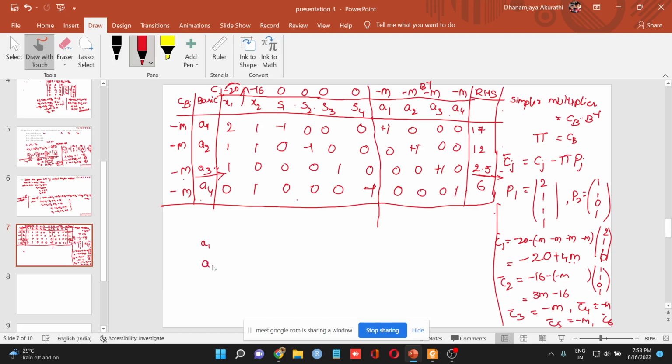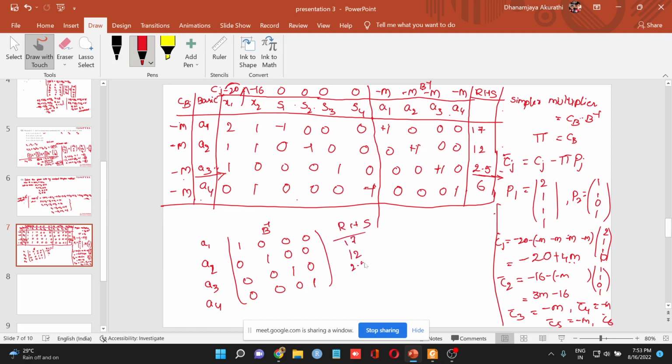In the basic table, the basic variables are A1, A2, A3, and A4, and the basic matrix inverse is the identity matrix, 1 0 0, and we get the RHS values 17, 12, 2.5 and 6. So here we can do the minimum ratio test.